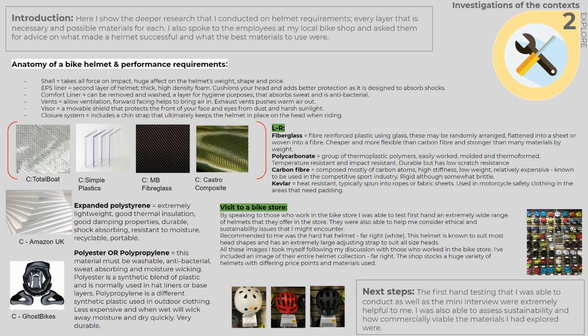So, looking at the different types of materials involved, even going as far as to visit a bike store and speak to the people who work in the bike store, and try on different helmets. So it's just going that little bit further that will really give you a much more valuable insight into a product, and really start to analyze and think about what you need to be including in your technical requirements.